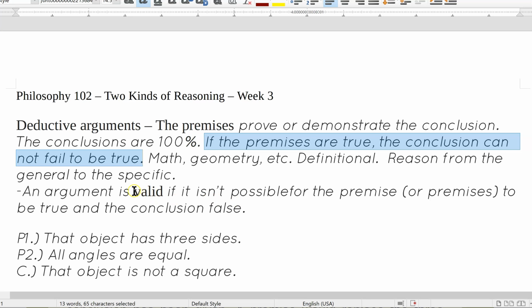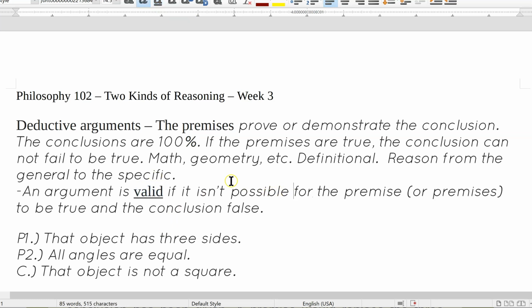But that's because only deductive arguments can be valid. We will never use this expression to describe an inductive argument. Validity is a feature entirely of deductive arguments, right? That also means invalidity, being invalid, is a feature entirely of deductive arguments.